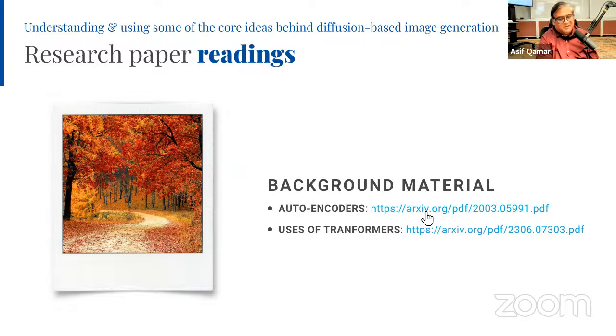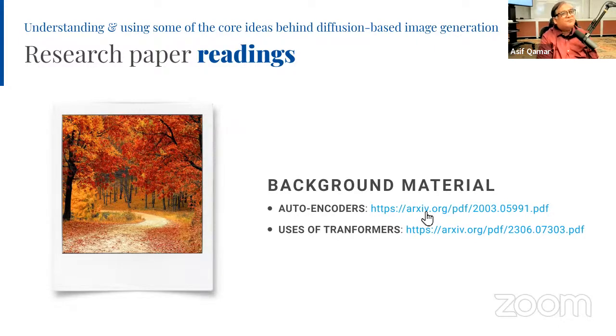So go back and review your autoencoders, but just in case you didn't take that course, here is a little link to a review paper, a survey paper that you can quickly read in half an hour. Not for today, read it in the evening, or if you have time, read it today. I should have put one link for the GANs also.